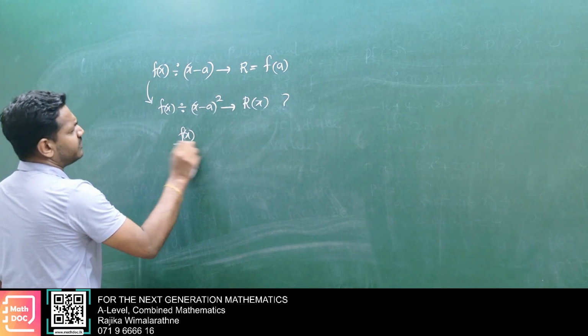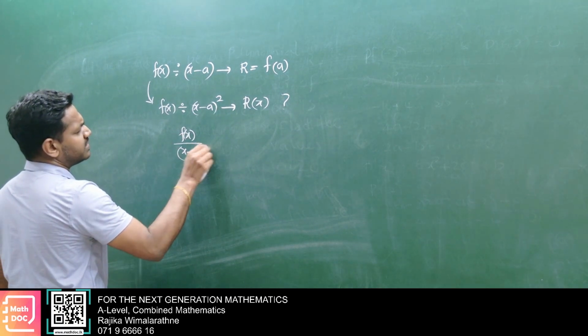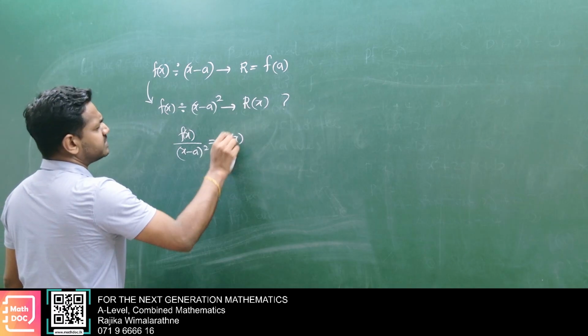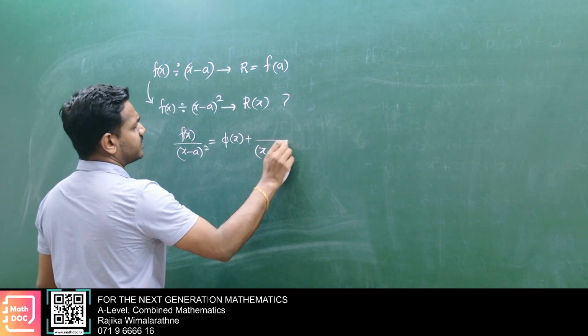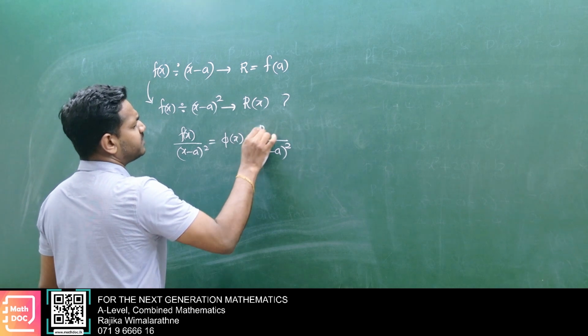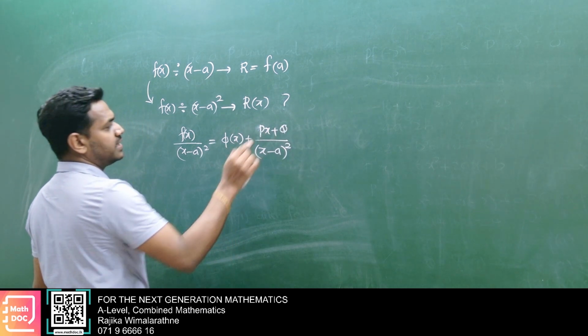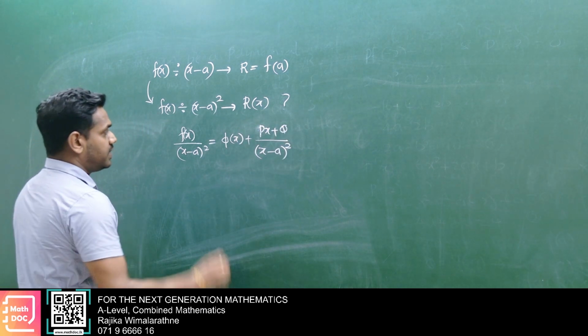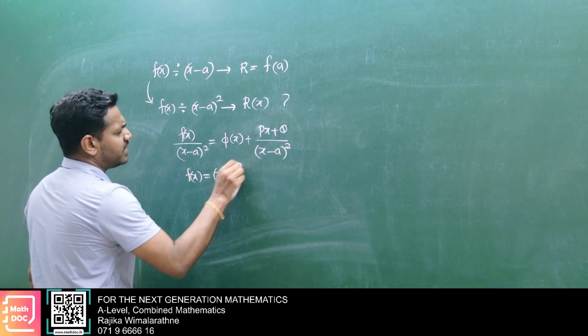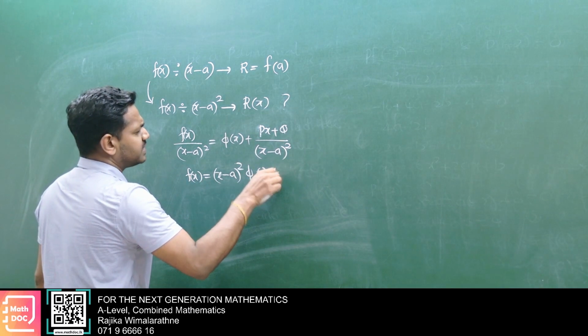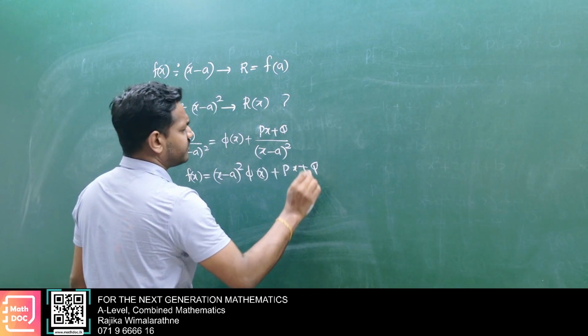Then we know f(x) divided by (x − a)² has quotient φ(x) and a remainder like px + q, a linear remainder.